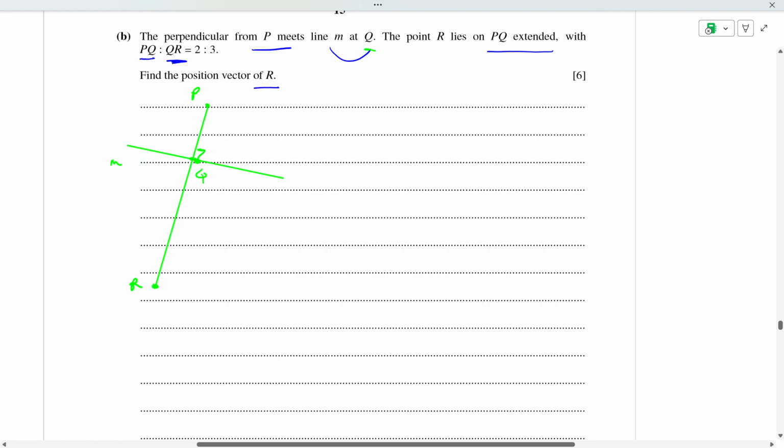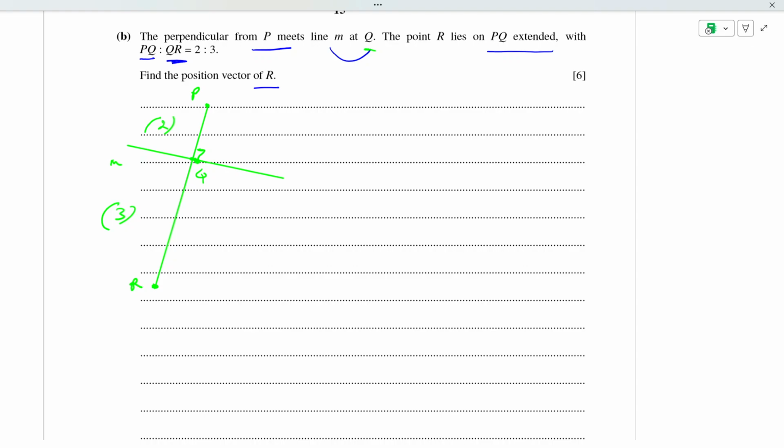The question is still telling us that the ratio of PQ to QR is 3:2. So what we want to do is find what point Q is, and then find the direction PQ, and then we can use the ratios to find what PR or QR is.